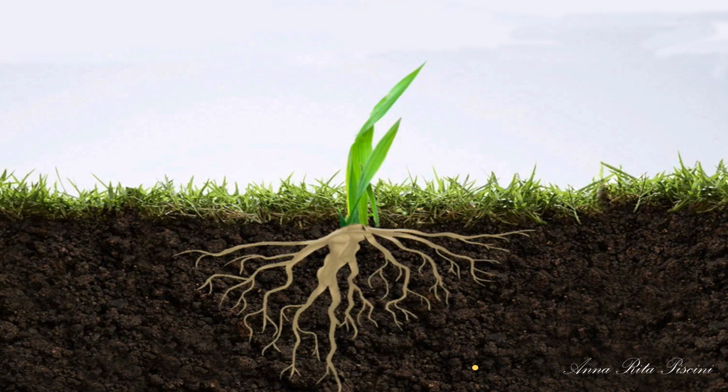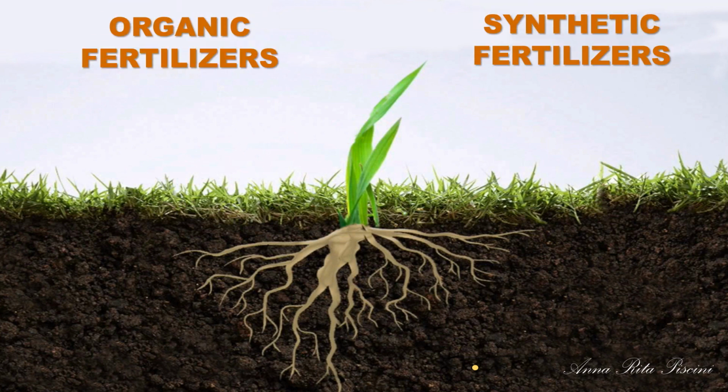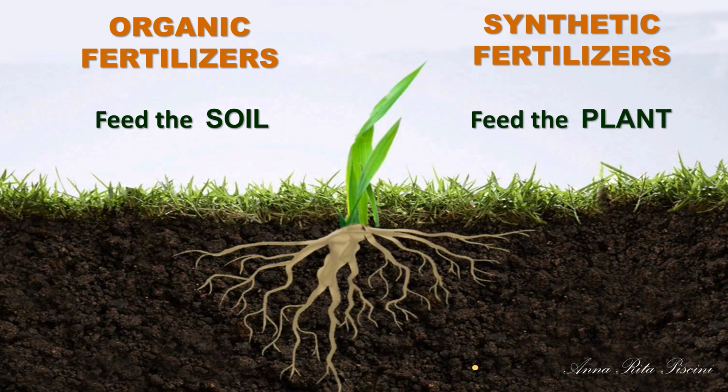So, what is the difference in the use between organic fertilizers and synthetic fertilizers? Organic fertilizers feed the soil, while synthetic fertilizers feed the plant. When we use organic fertilizers, the organic matter provides nutrients to the soil.